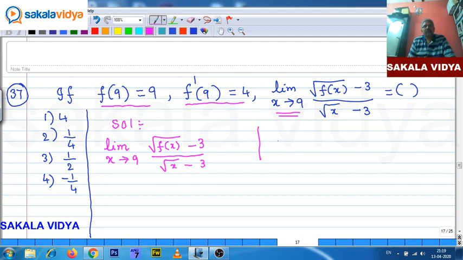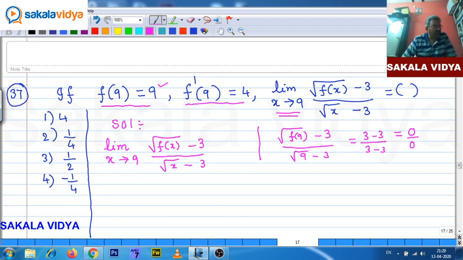First substitute the limit, root f9 minus 3 upon root 9 minus 3. F of 9 is equal to 9, root 9 is 3, 3 minus 3 by 3 minus 3, 0 by 0 form. 0 by 0 form is indeterminate form. We can apply L'Hospital's rule. LH rule.